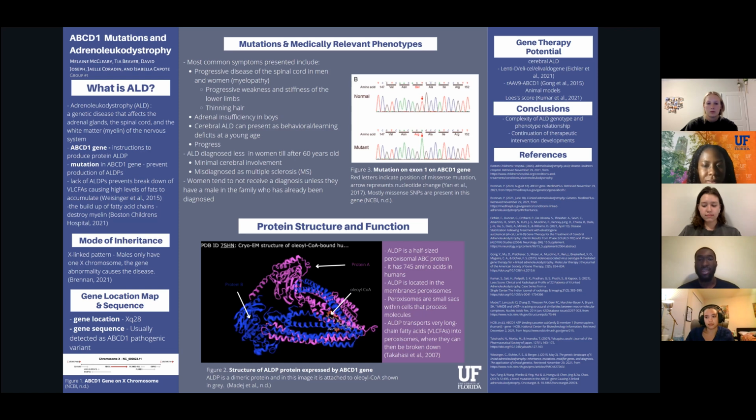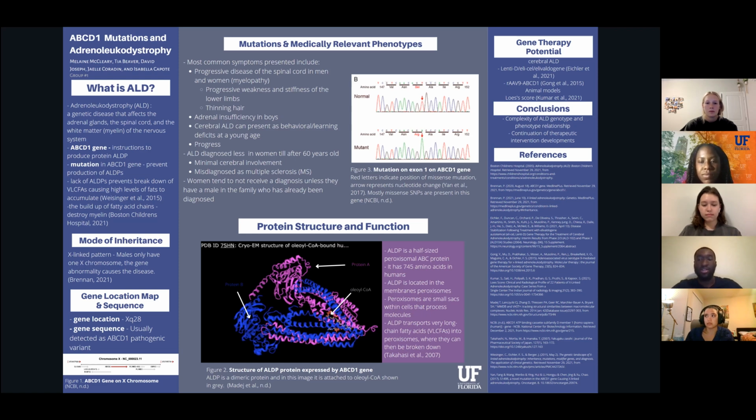In addition to Lenti-D, recombinant adeno-associated viral vectors have been utilized in preclinical trials with non-human primates. For the case of X-linked ALD, a group of researchers have conducted a study on the IV injection of recombinant adeno-associated serotype 9 mediated transduction of the human ABCD1 gene into the mouse CNS, central nervous system, and the fibroblasts of X-linked ALD patients.